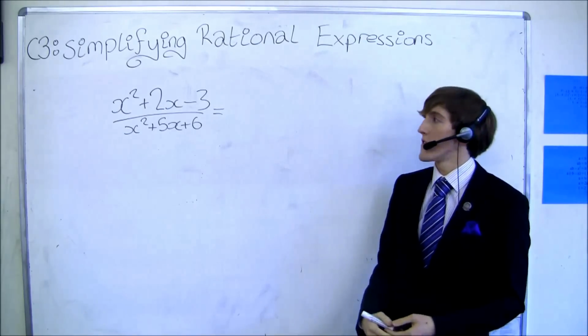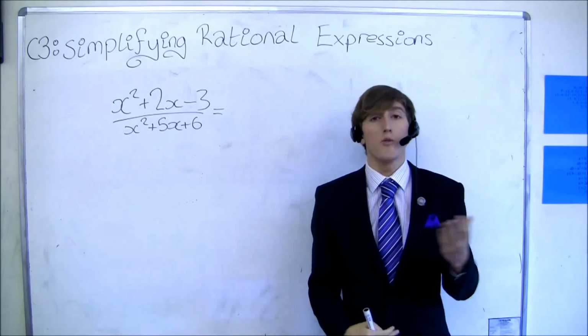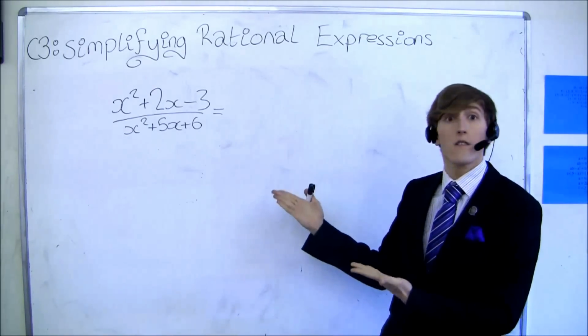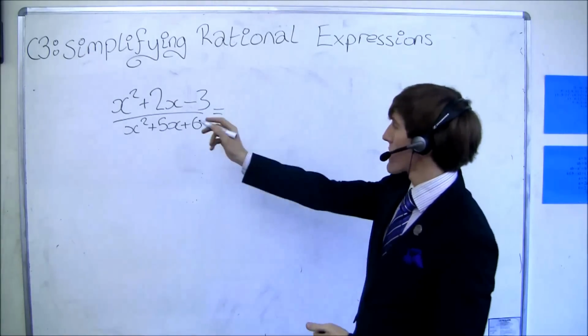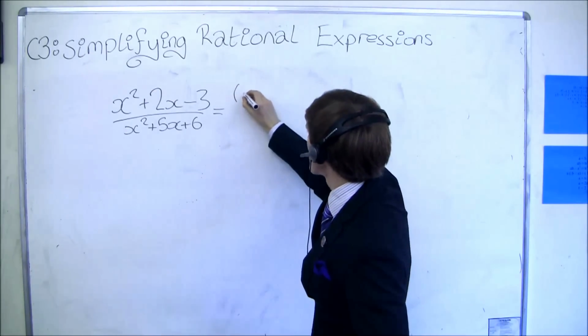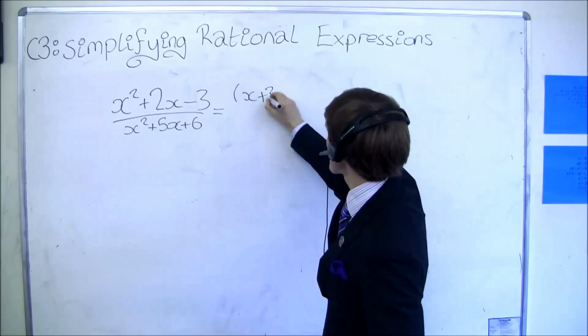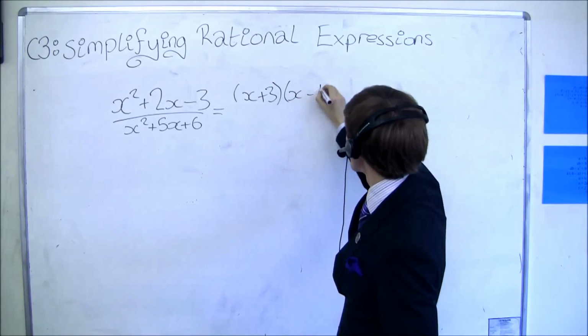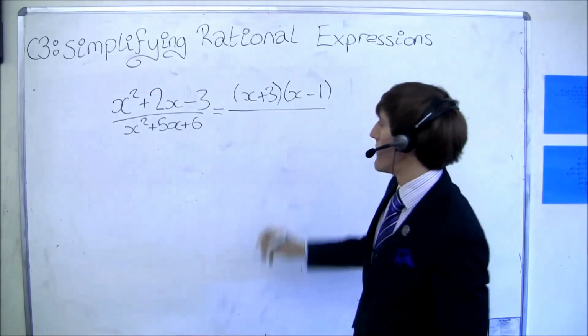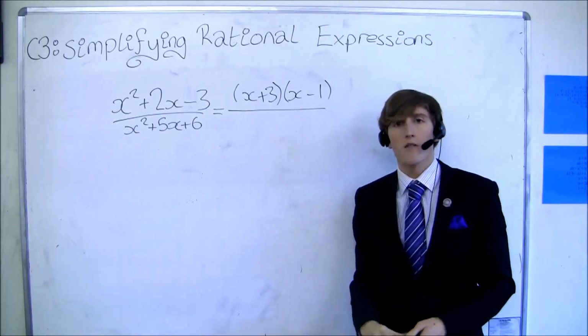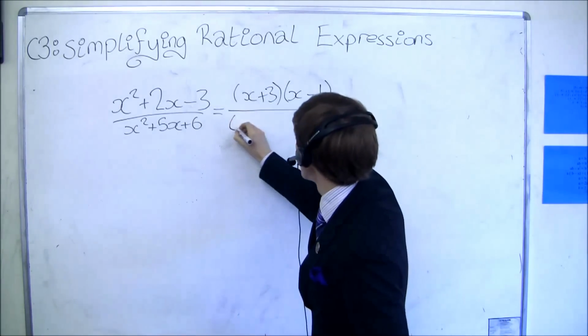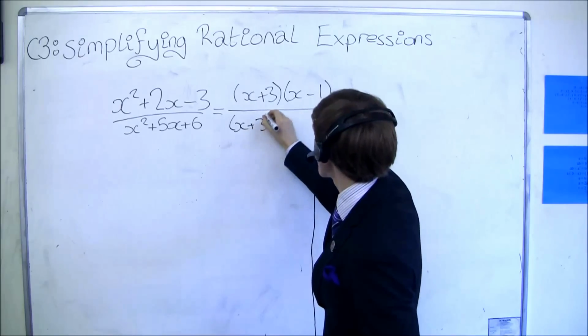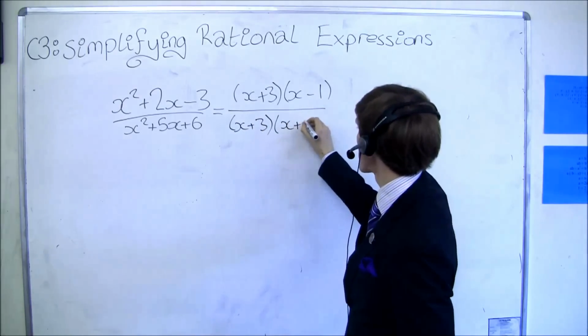We can also be expected to factorise quadratics, either in the numerator, the denominator, or, in this case, both. So here we have x squared plus 2x minus 3, which would be equal to x plus 3 multiplied by x minus 1. And the denominator, we have x squared plus 5x plus 6, which is equal to x plus 3 multiplied by x plus 2.